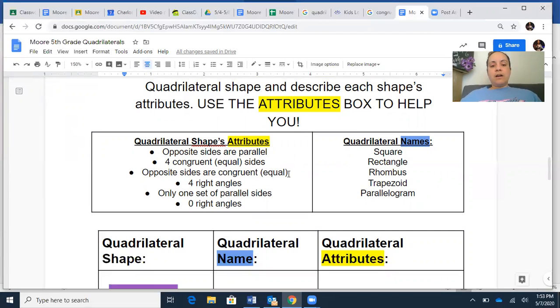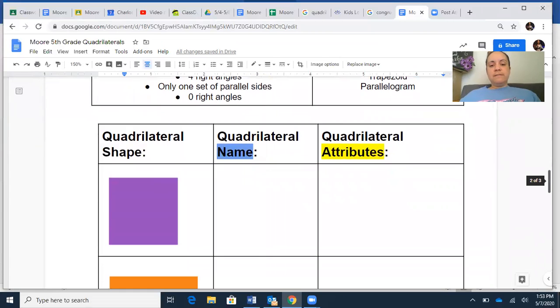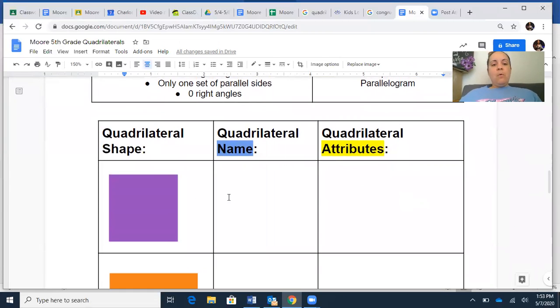Opposite sides are congruent or equal. 4 right angles. Only 1 set of parallel sides, and 0 right angles. So I'm going to just do this first one with you. What is this shape? What do you think this shape is? It has 1, 2, 3, 4 equal sides.